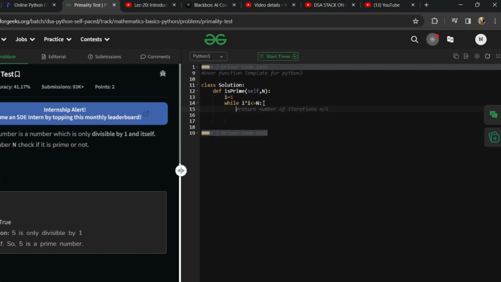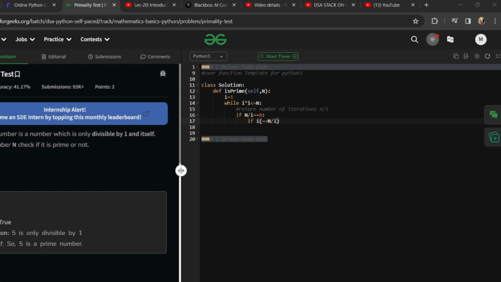So here is what we will do. If n modulo I equals 0, we will then check whether I is not equal to n by I. Let me explain why we have taken this.